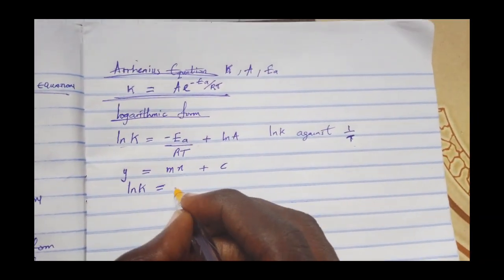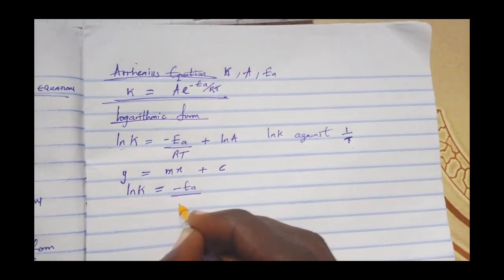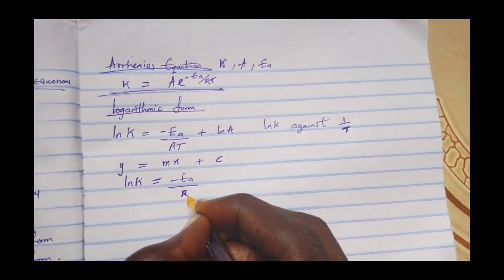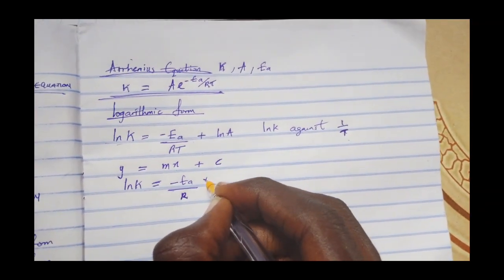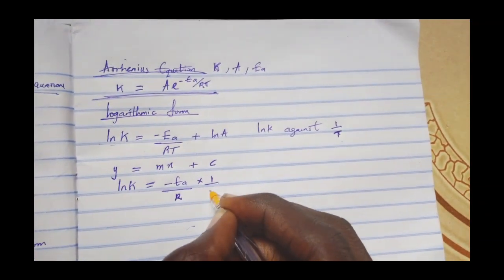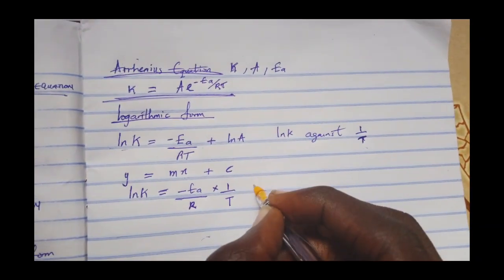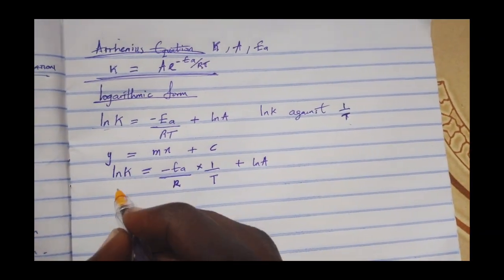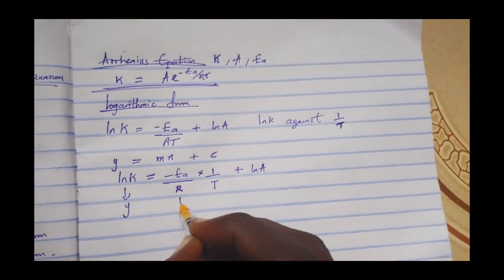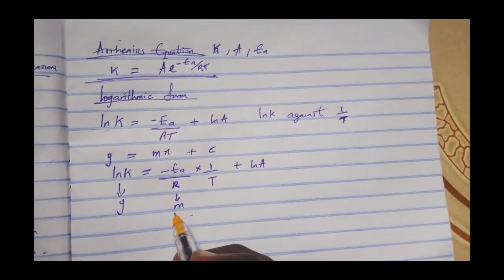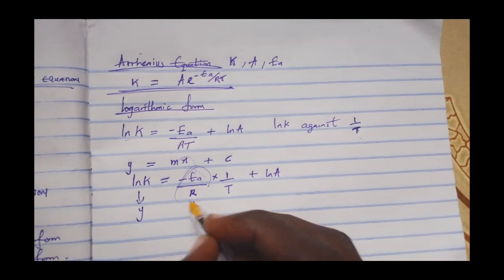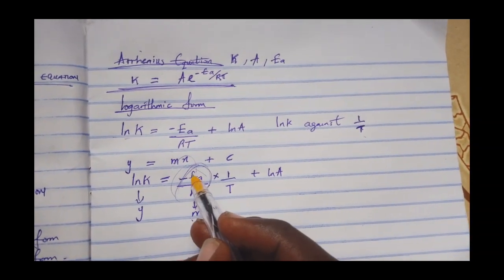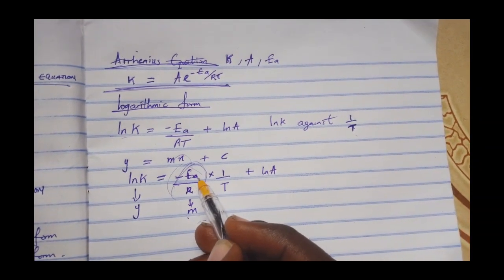From here we can say minus EA over R, multiplied by 1 over t, plus ln A. So from here, this is our y, and this is our m, which is the slope. Please know this: the slope is minus EA over R, which relates to the activation energy.